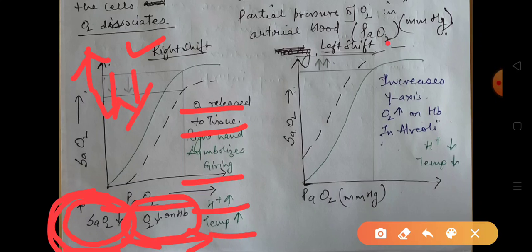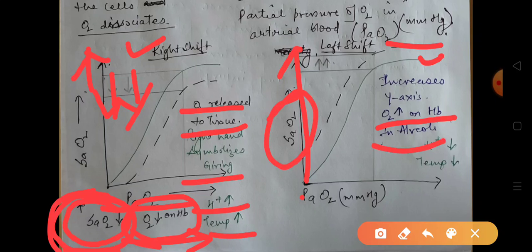And when we talk about the left shift, that means this one. Left shift means there is an increase on the y-axis because oxygen concentration increases, because this takes place in the alveolar region.